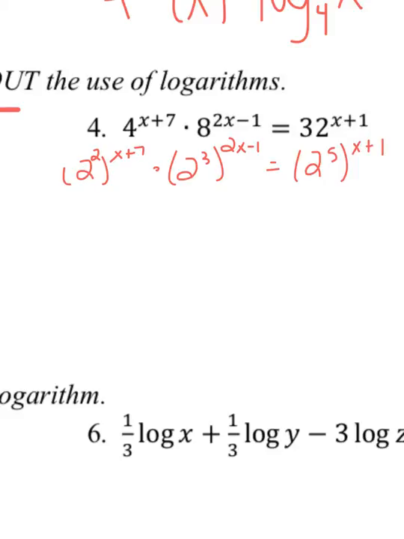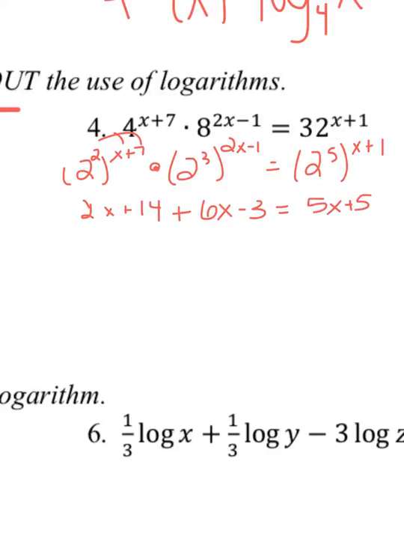So now here, not only do you have a power to power rule, but whenever you're multiplying two terms, you add their exponents. So this equation is going to be 2x plus 14, because you distribute this, plus 6x minus 3, equals 5x plus 5.